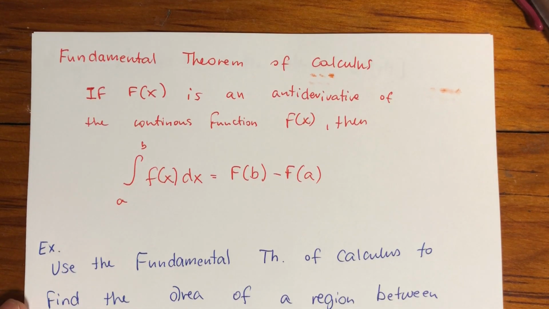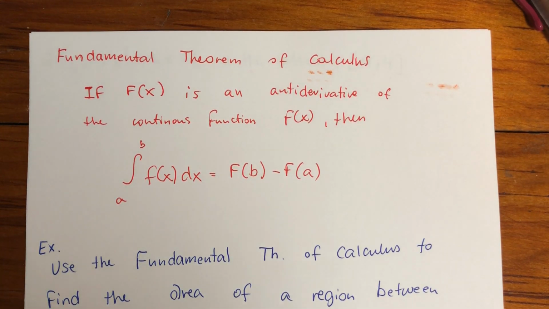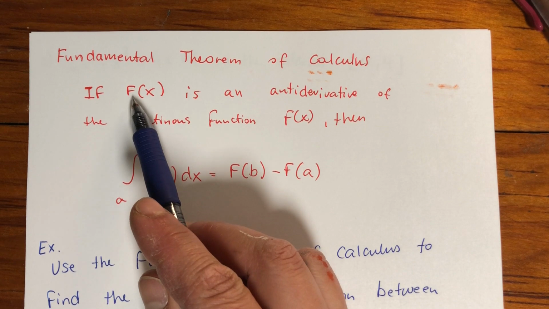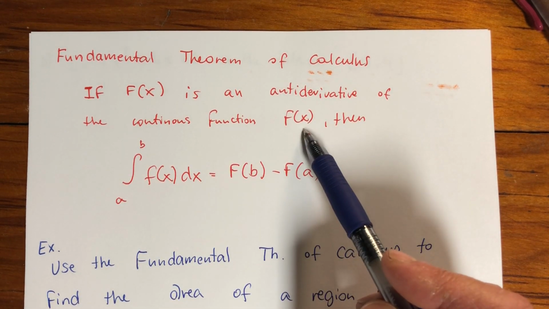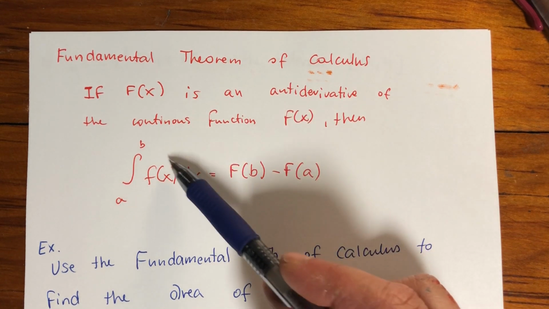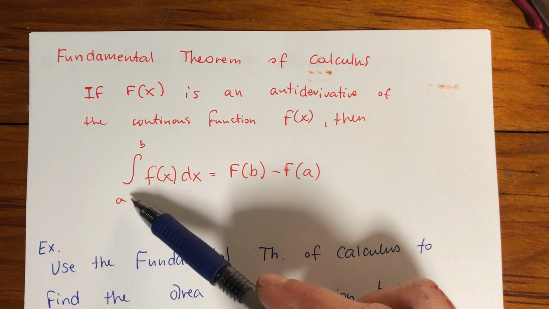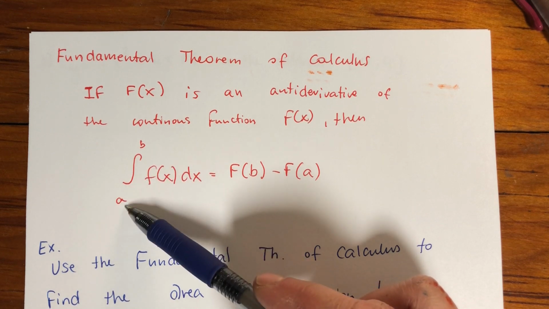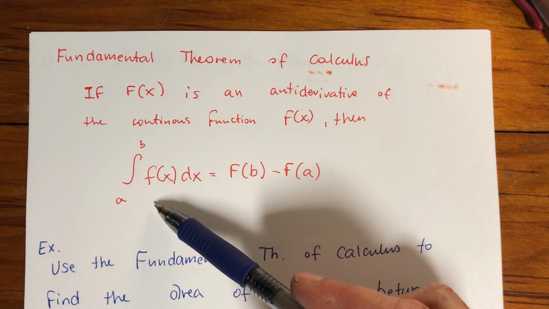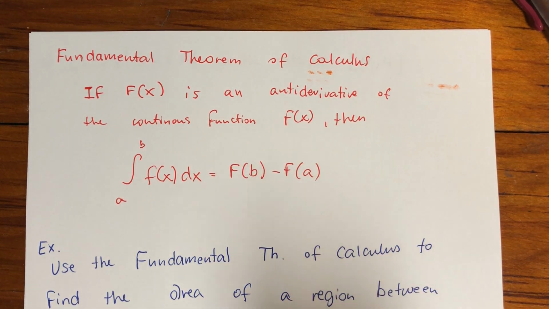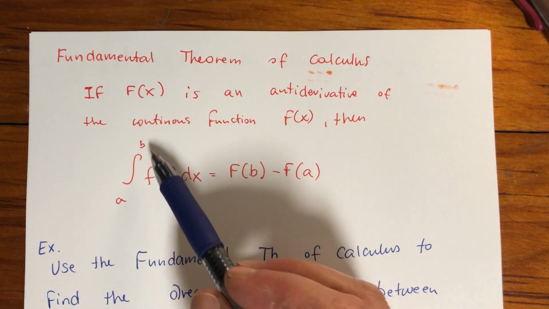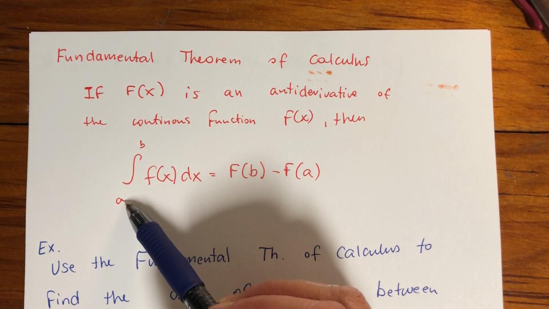So finally, we have our fundamental theorem of calculus, and we have a definition of that. If F of x is an antiderivative of the continuous function f of x, then the antiderivative of f of x in some interval from a to b is going to be equivalent to the antiderivative of f of x at this point minus this point.